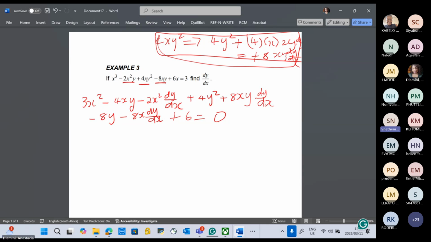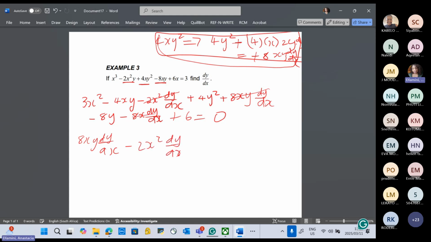Guys, are we sorted? Yes. Okay. So then we have a dy dx here. There's 8xy dy over dx. There's another dy dx here, minus 2x squared dy dx.